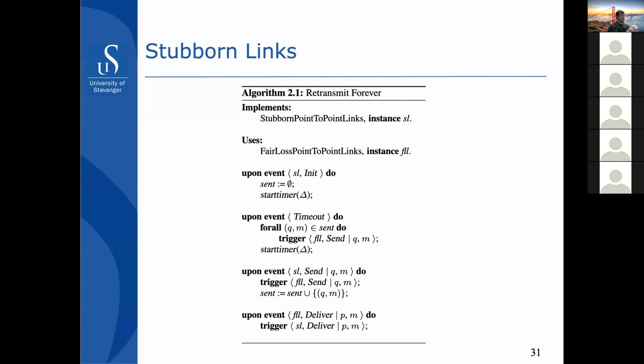So whenever we send a message, we also put it into our list of messages that we have sent, and we have a timer which we can use to keep resending the same message indefinitely.